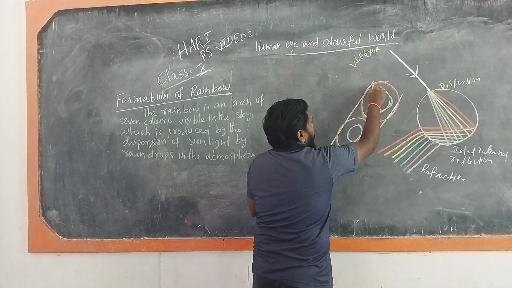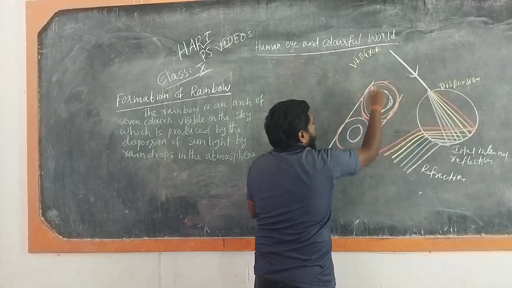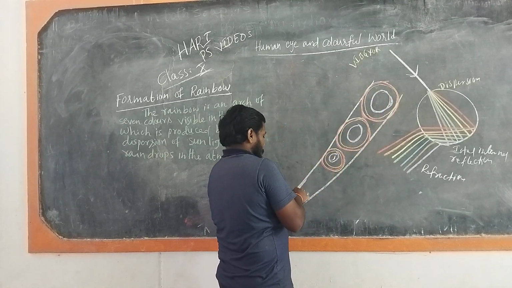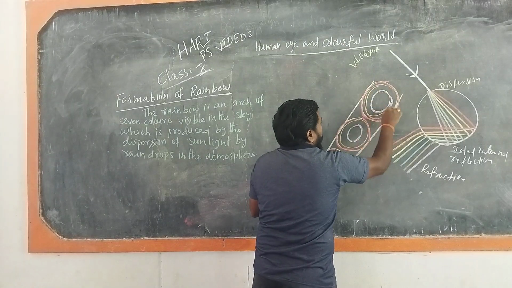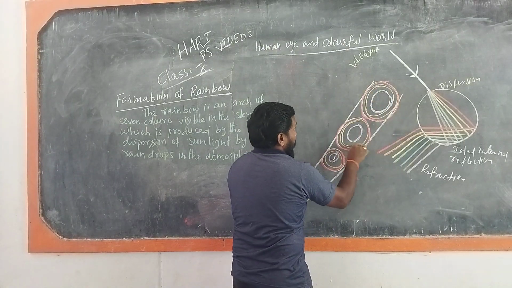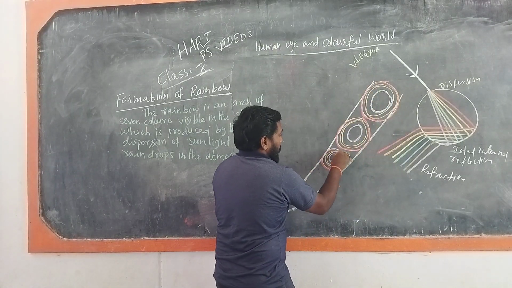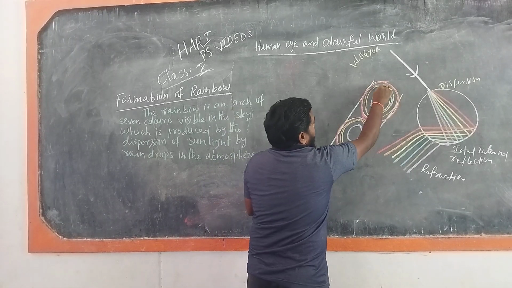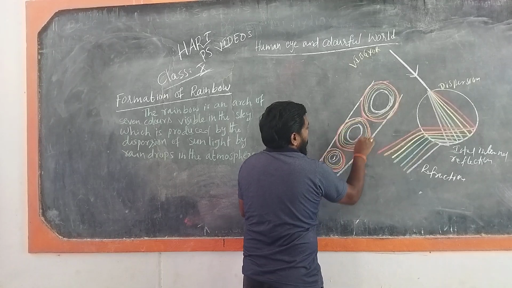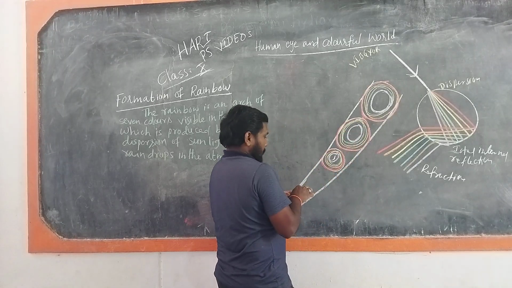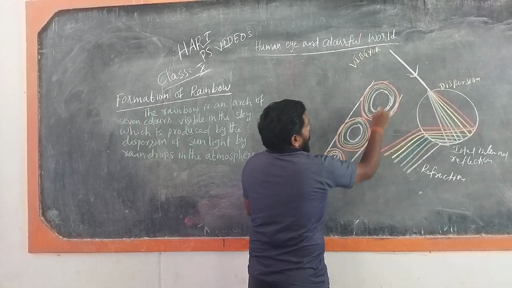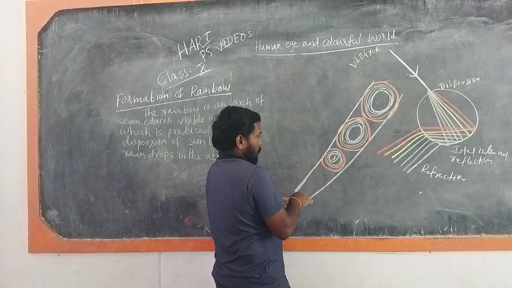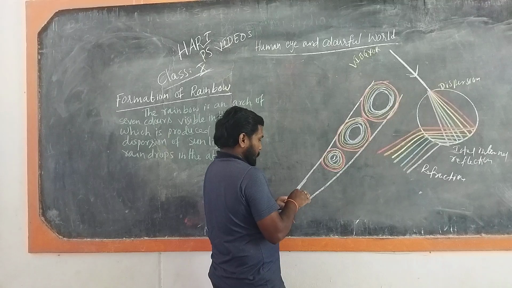So red, then orange, orange then yellow, then green, here we can draw green color. Then blue, and here we can draw blue.